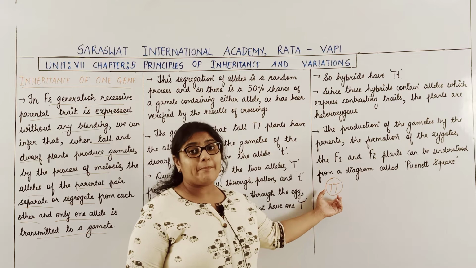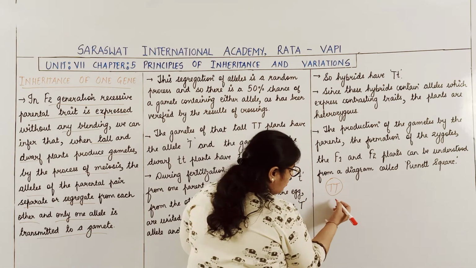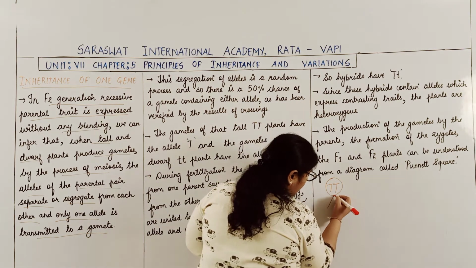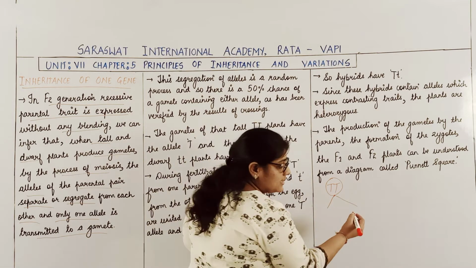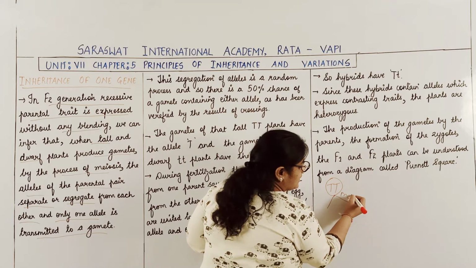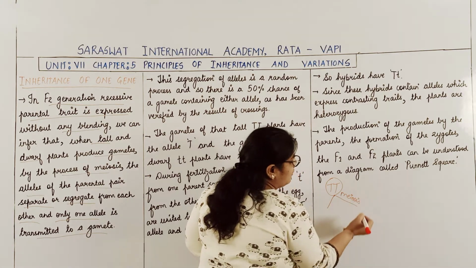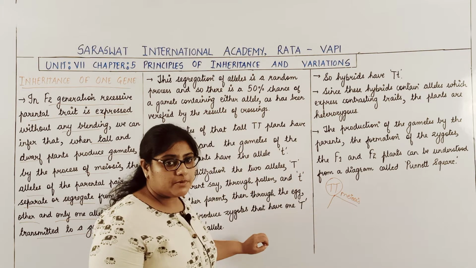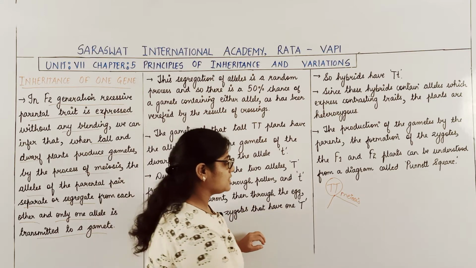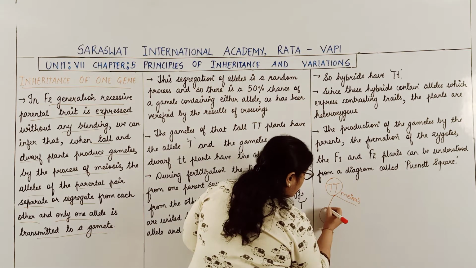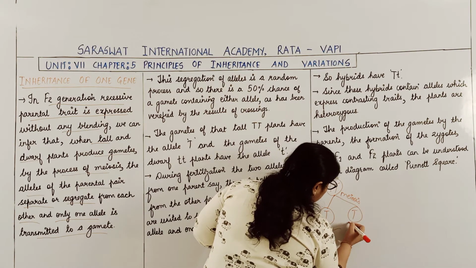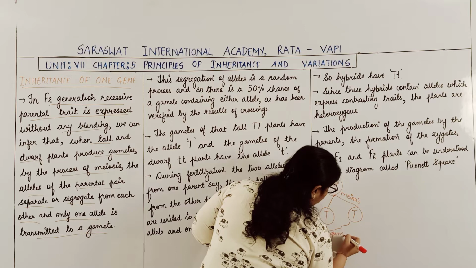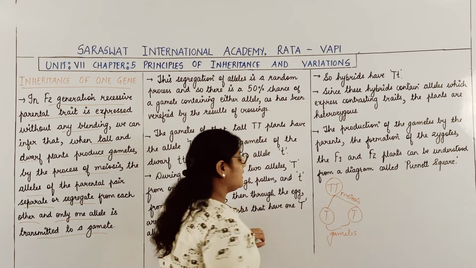Here there is a pair of alleles. When this pair of alleles forms the gametes by the process of meiosis, the gametes will receive only one allele of a pair.